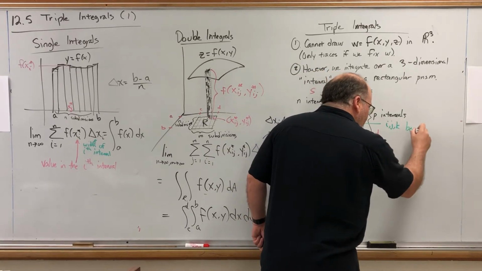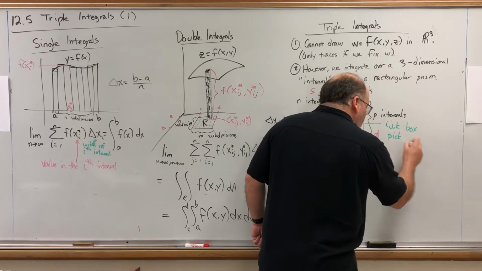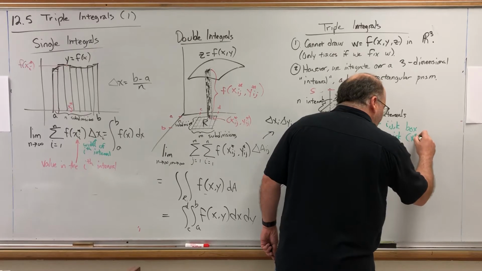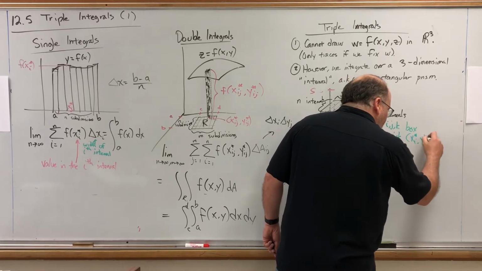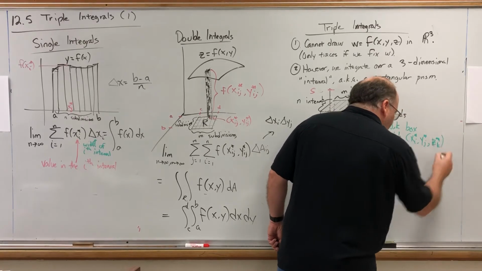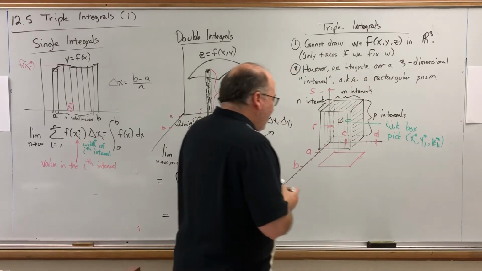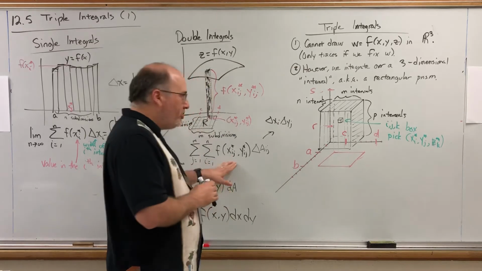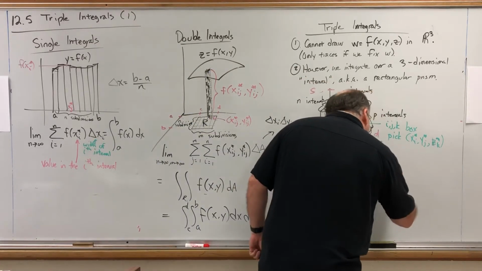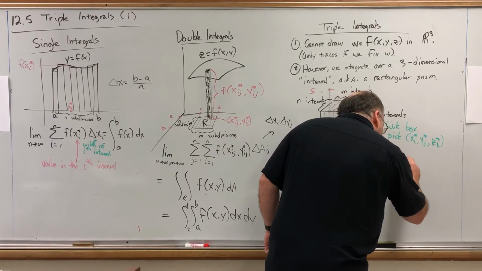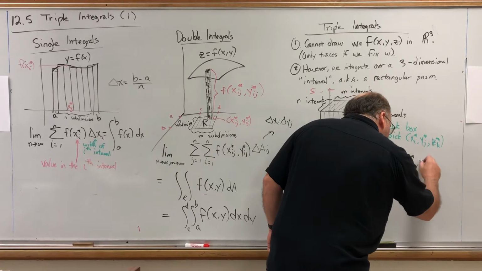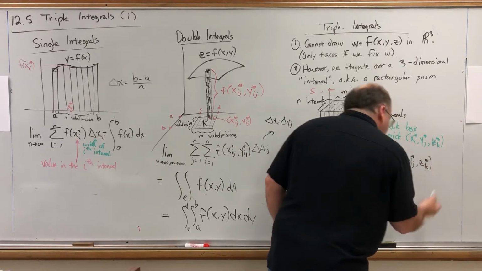Then we pick some ordered triple in there, which would be xi star, yj star, and zk star. And then we evaluate the function at that point: f of xi star, yj star, zk star.